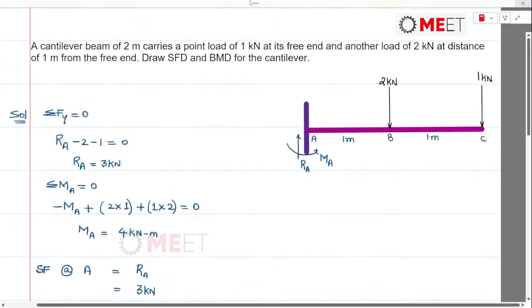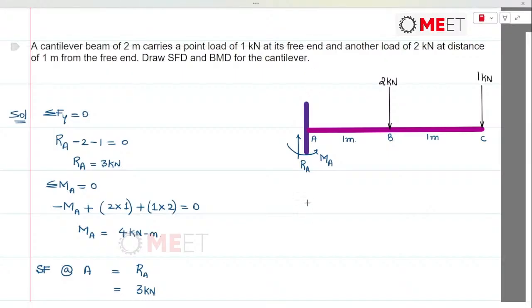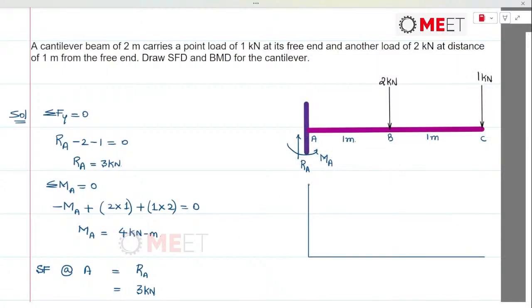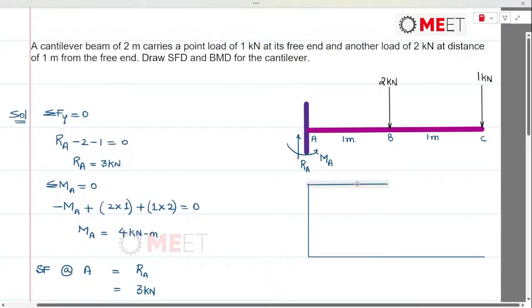If we plot the SFD diagram for this situation, the diagram is expected to be like this. At point A, the shear force is 3 kilonewtons, and it continues to remain constant up till B.